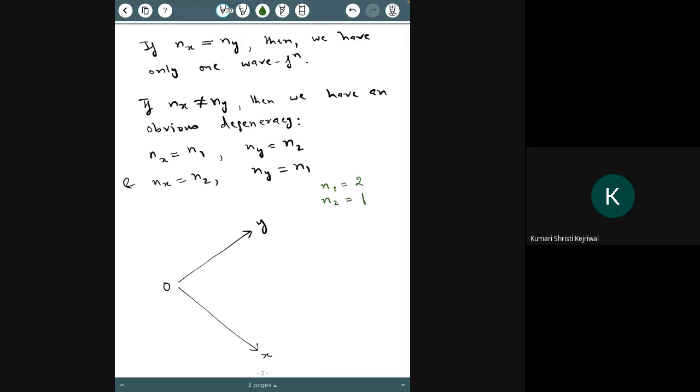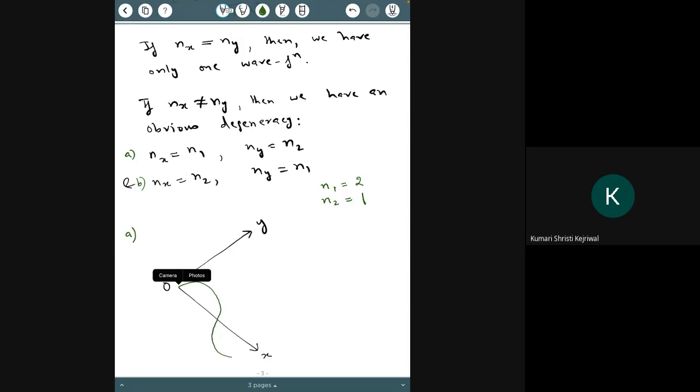So this is what I'm drawing. In the first case, let's call this A, let's call this B. So now I'm drawing A. So nx is equal to 2 and ny is equal to 1. If it's 2, then this is just like the n equal to 2 state of a particle in a 1D box.